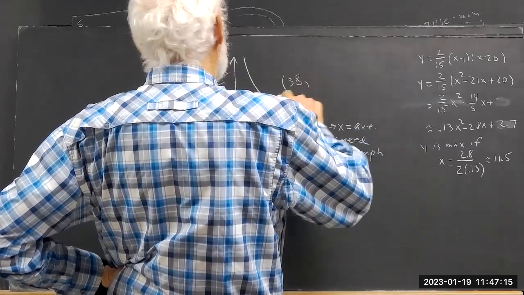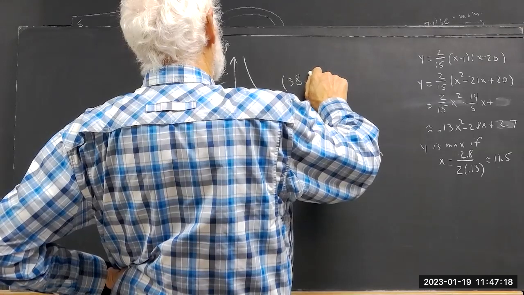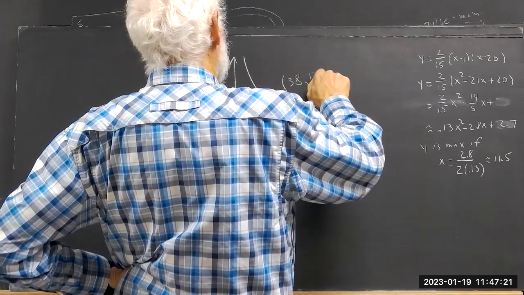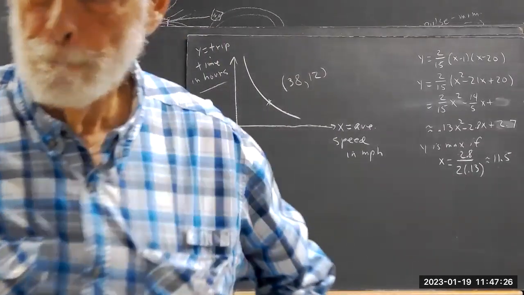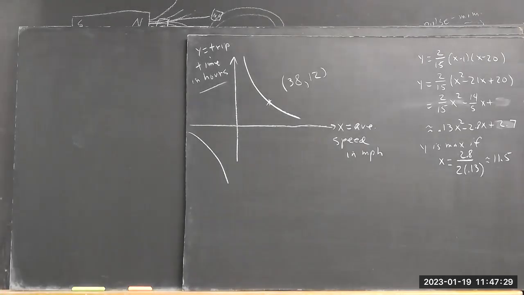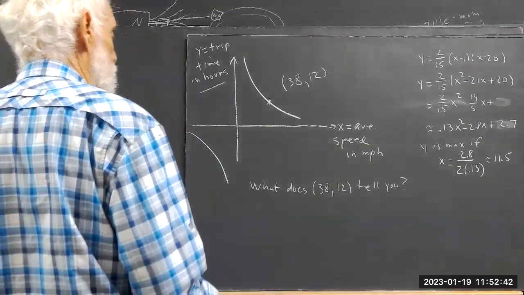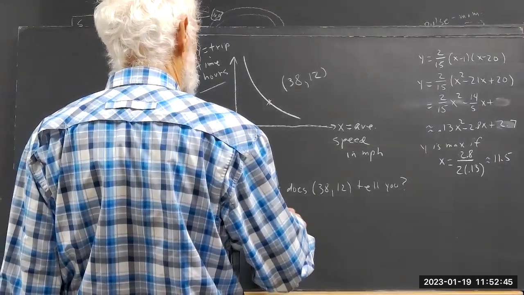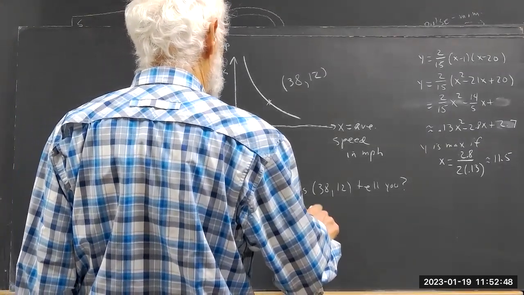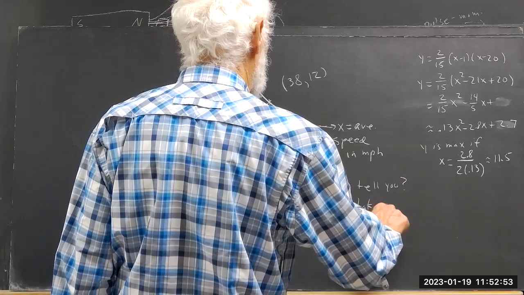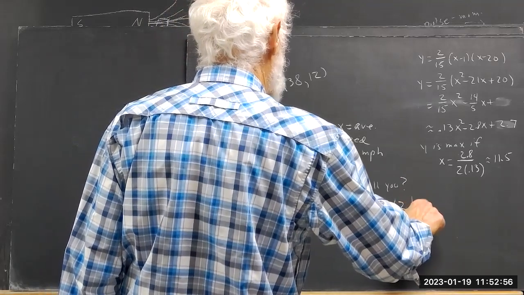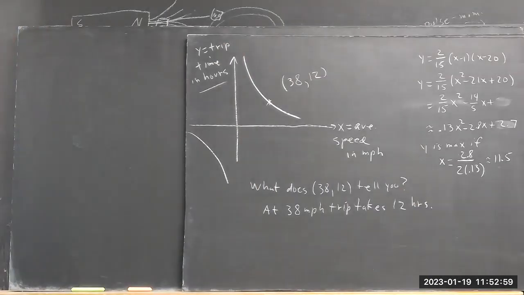And so a 30 mile per hour trip takes 12 hours.